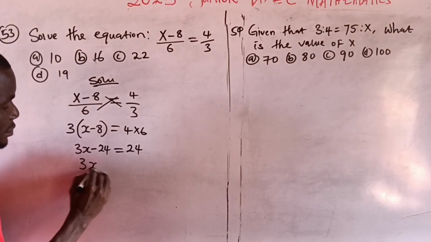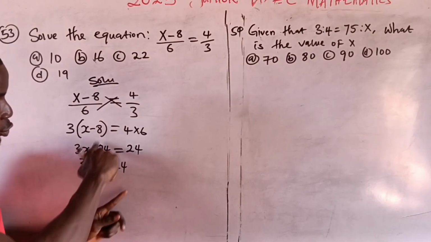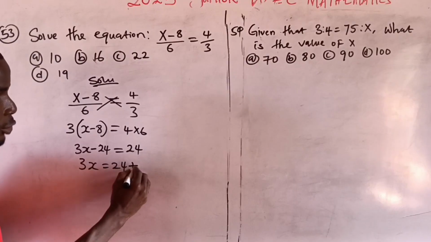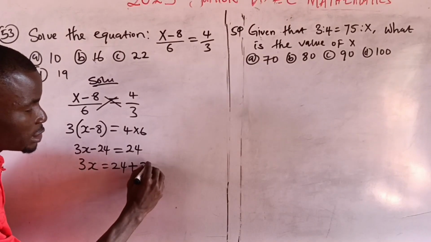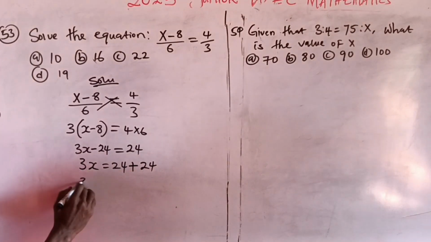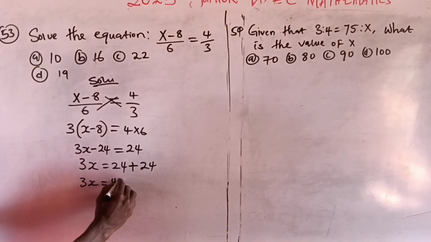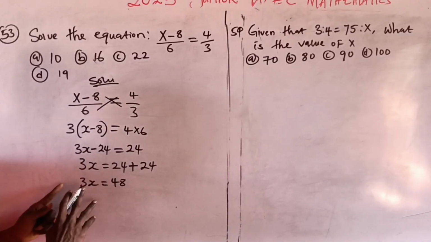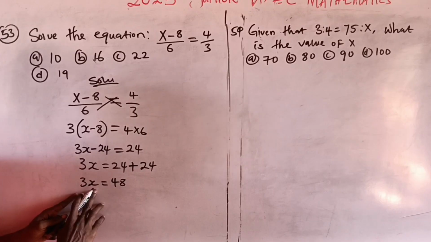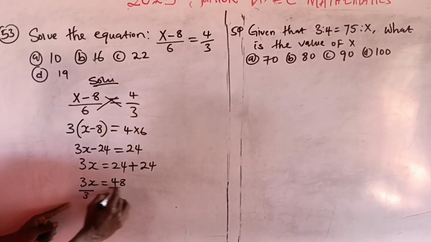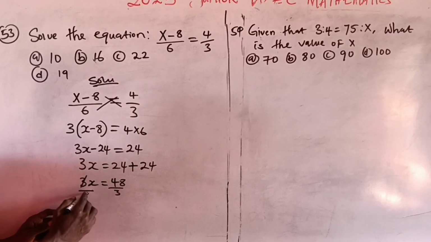We have 3s equals 24, so it crosses to this side, it becomes plus. So plus 24. So 3s equals 24 plus 24 will give us 48. What are we going to do for this s to be alone? We divide all through by 3. So 3 cancels 3.